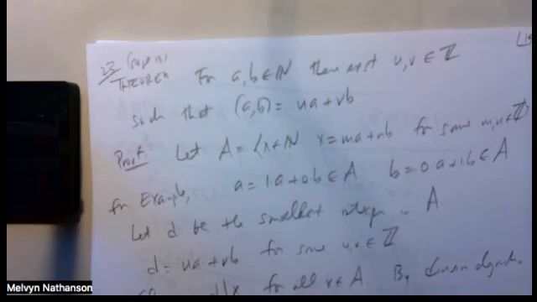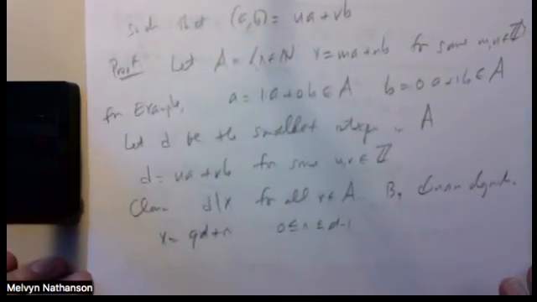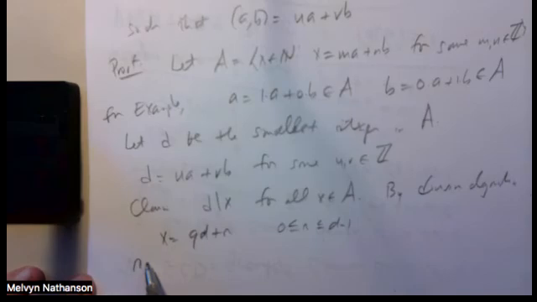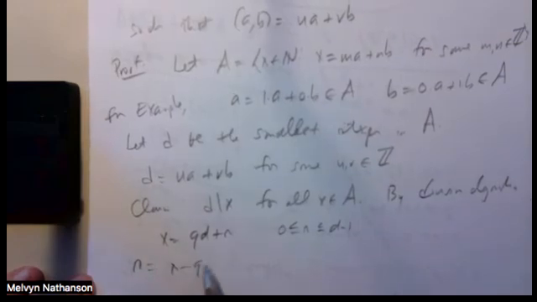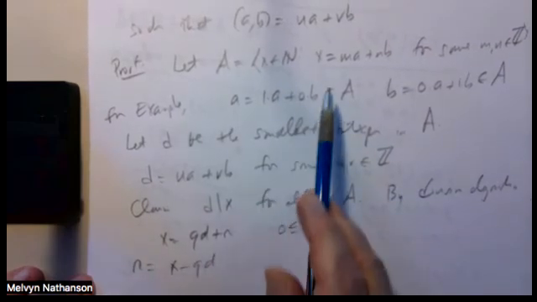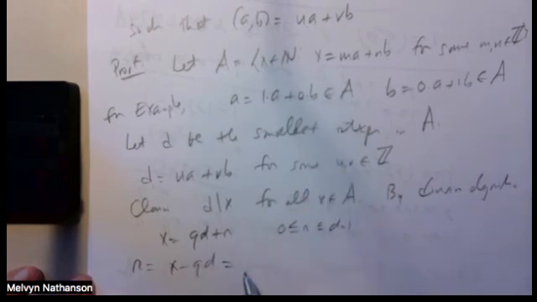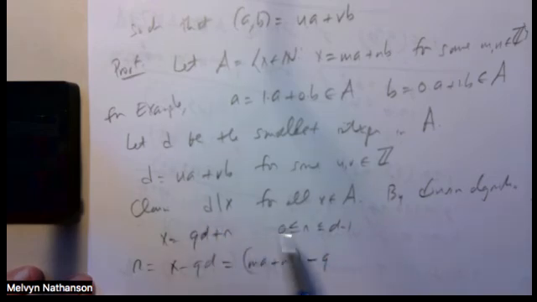So this means that r is x minus qD. x is of the form ma plus nb, D is ua plus vb.